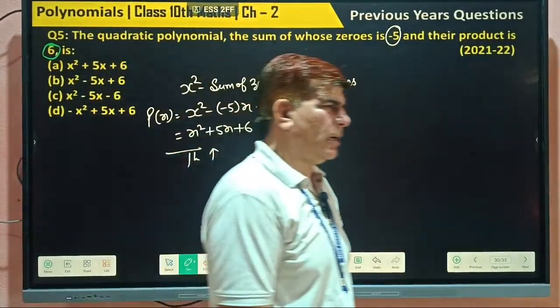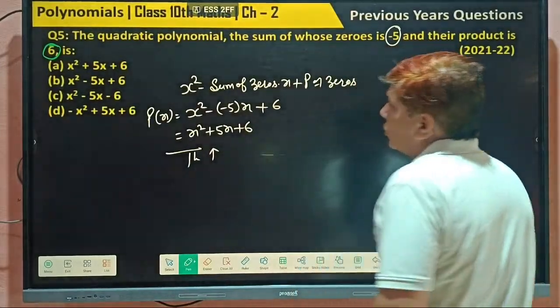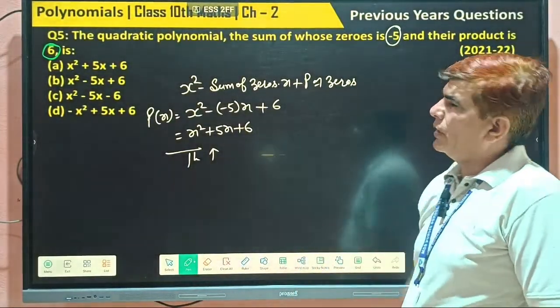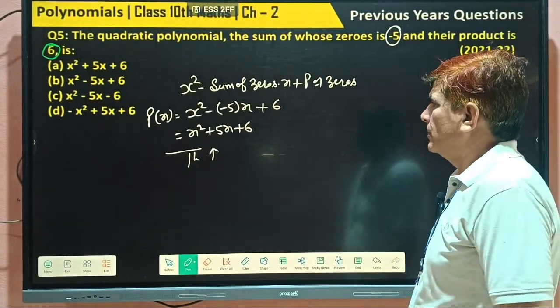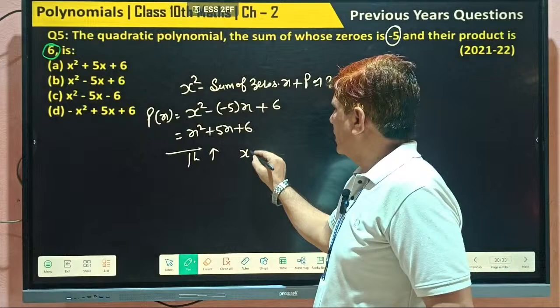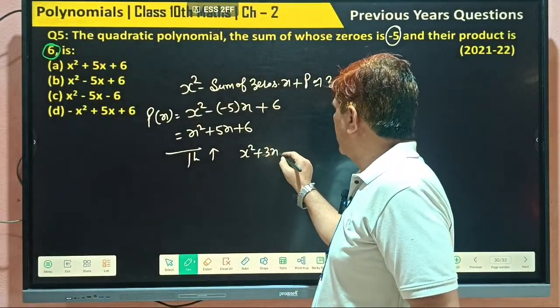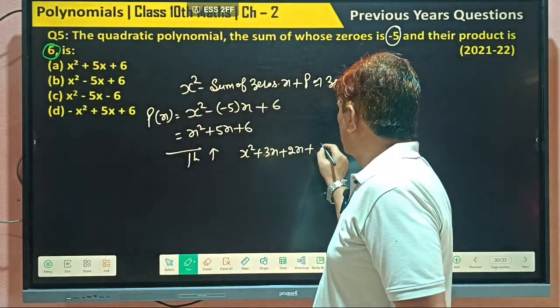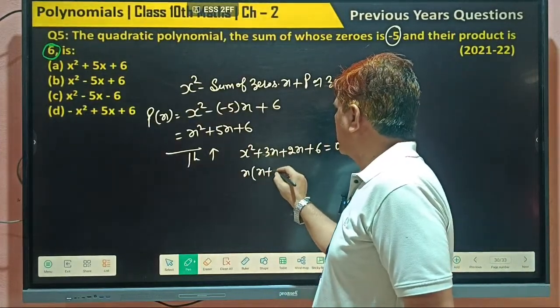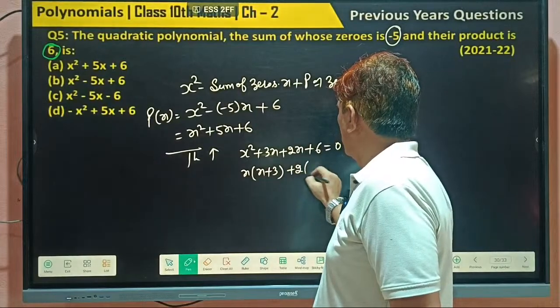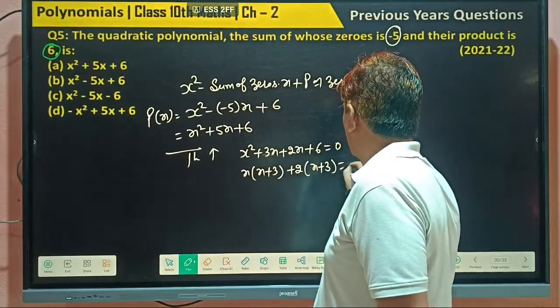It may be possible that after this they ask you to find its zeros. Zeros you can also find out by using the method of splitting the middle term. So x square plus 3x plus 2x plus 6 is equal to 0. What's taken common? x plus 3 and 2, x plus 3 equal to 0.